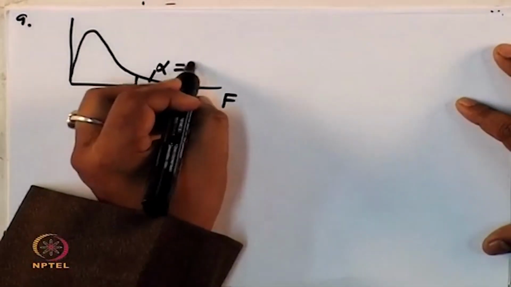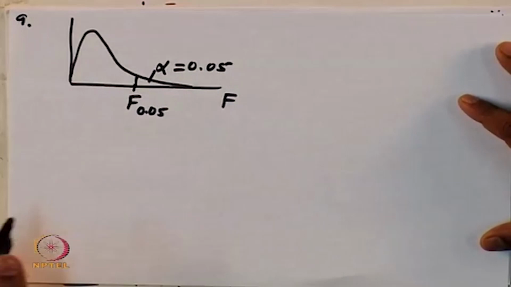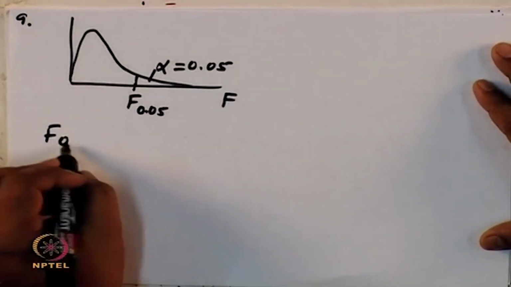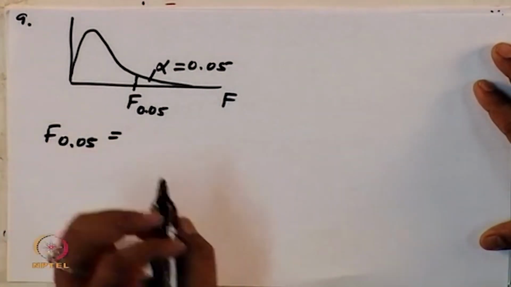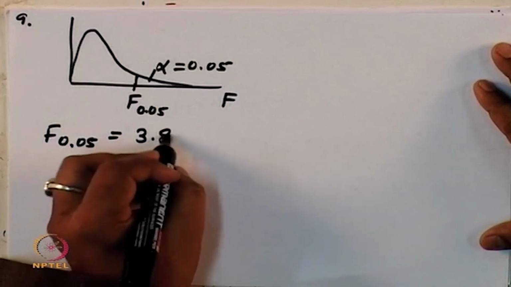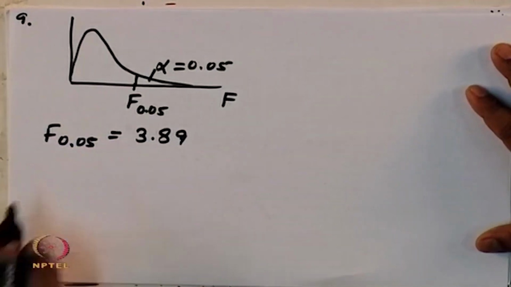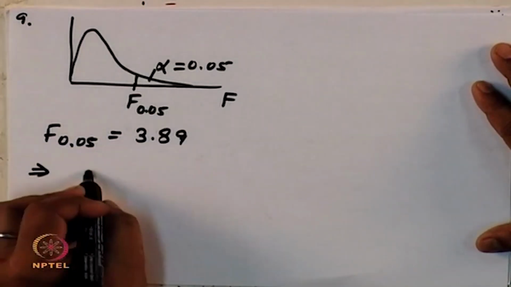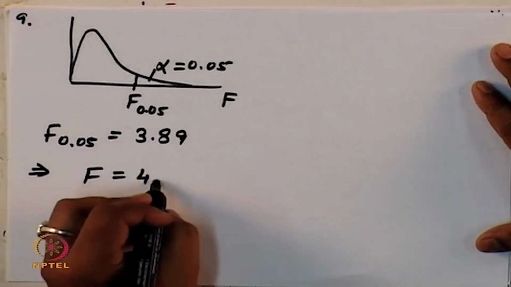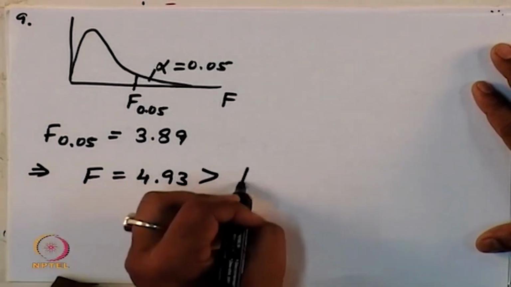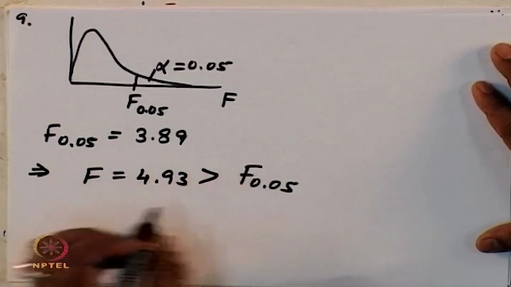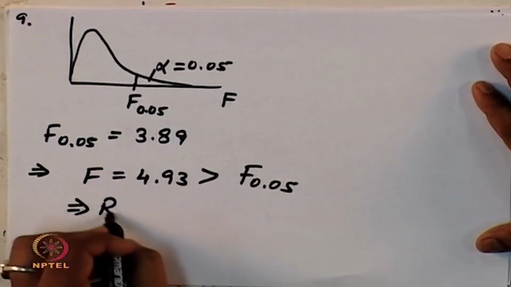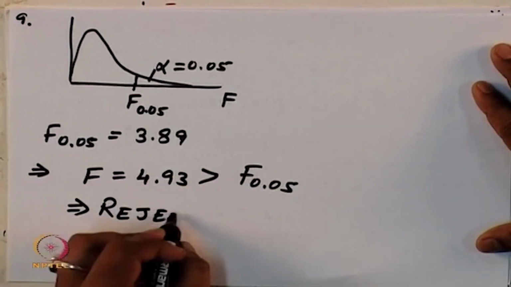Then in that case alpha is equal to 0.05, and if you look up the tables, F of 0.05 comes out to be 3.89. So, since our F value of 4.93 is much greater than F of 0.05, I can reject H naught.